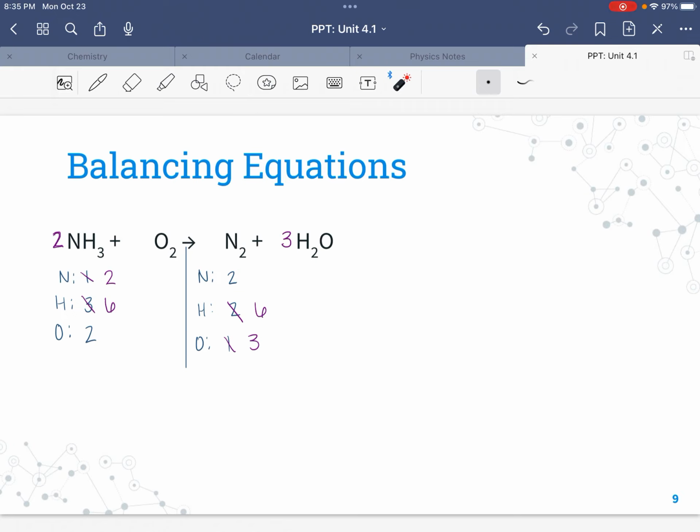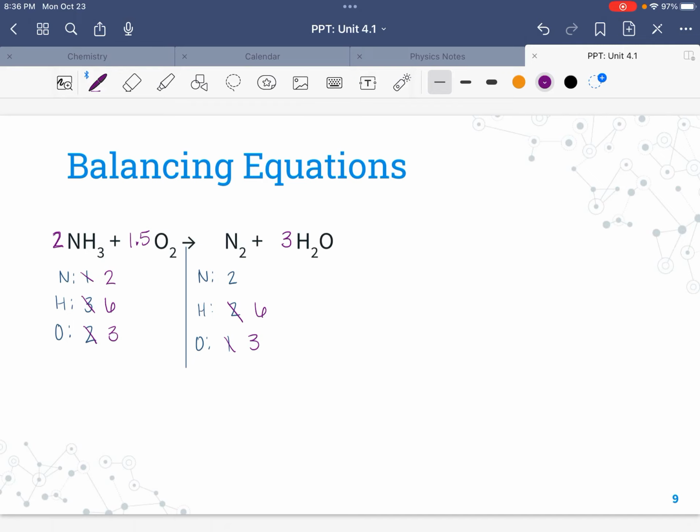So one thing that I can do is determine what can I multiply this oxygen by, basically the subscript of 2, in order to get 3. Okay, so I can multiply it by 1.5, and that would give me 3.